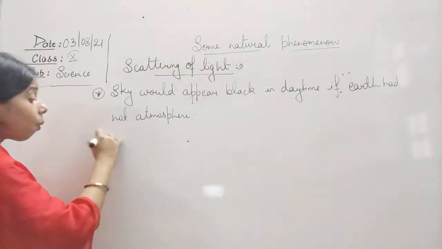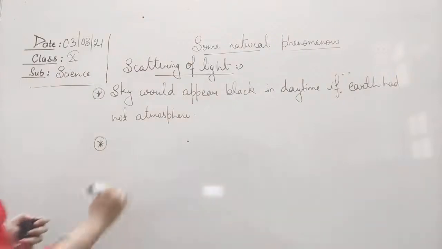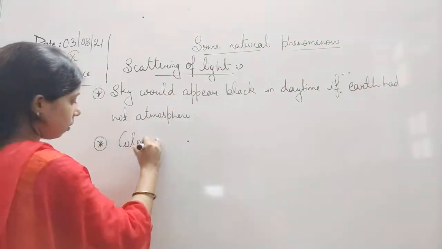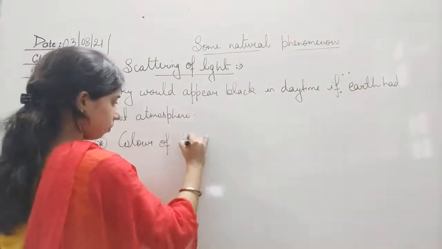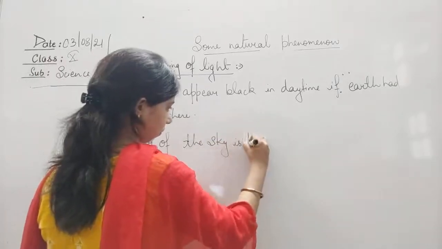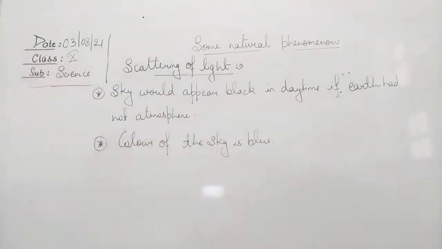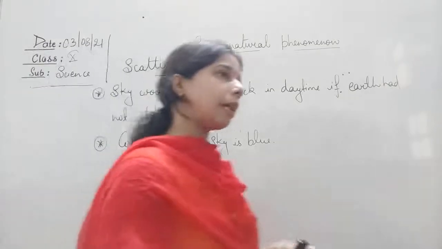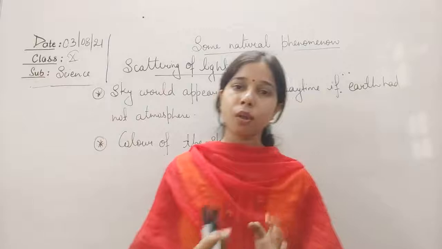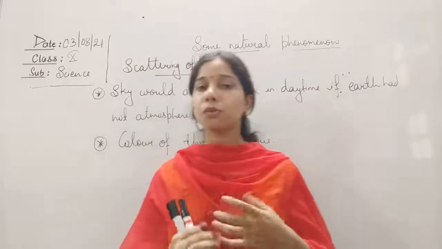Second, why does our sky appear blue? The reason is, students, that when the sunlight enters the earth's atmosphere, all the atoms absorb the sunlight and re-emit the light.